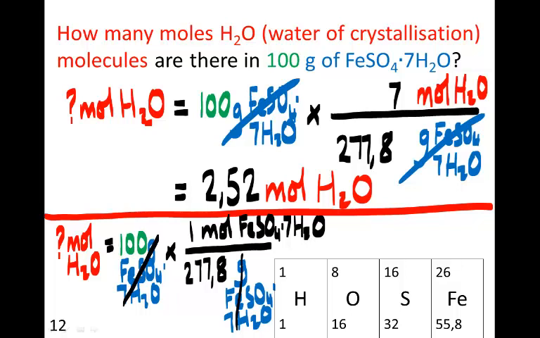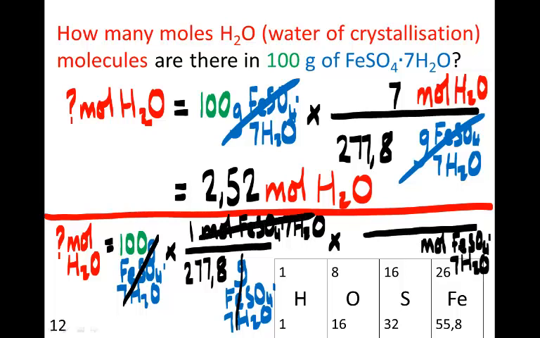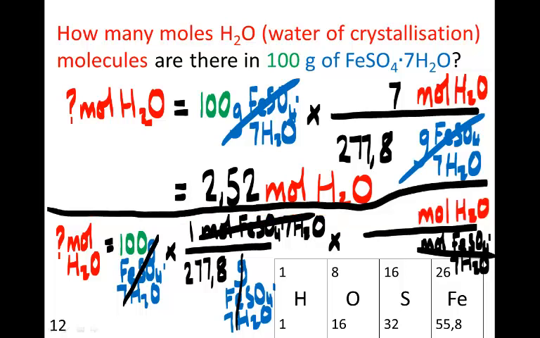But it introduces another unit, moles of iron sulfate, that we didn't ever want. So we have to have another unit factor to get rid of that moles of iron sulfate. We can cancel that out. Meanwhile, we really need mole of water. And we know that 1 mole of iron sulfate has 7 moles of water inside it. So can you see that these 2 steps were collapsed into this one conversion factor here, but it's exactly the same thing. We'll get the same answer, 2,52 moles of water.